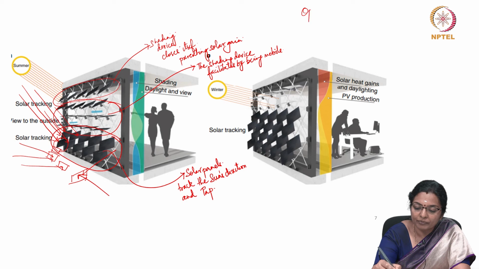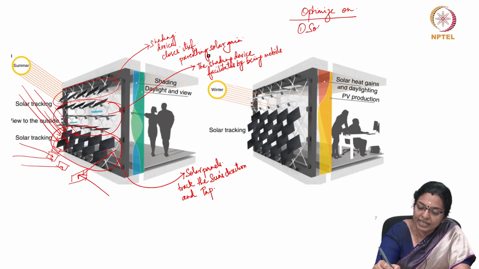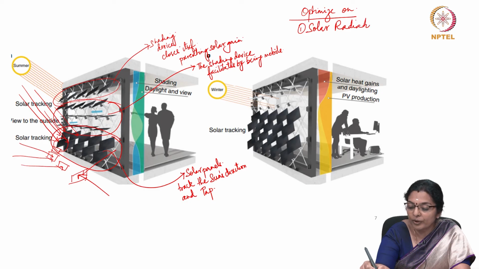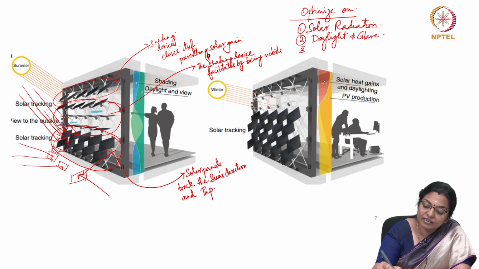on ingress of solar radiation. So, you can control how much sun you want to enter inside the building to make the building warm, or daylight. You can control how much you want the opening to be to allow daylight and glare. And third is tap solar energy.